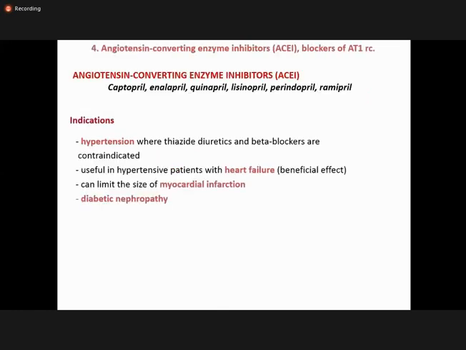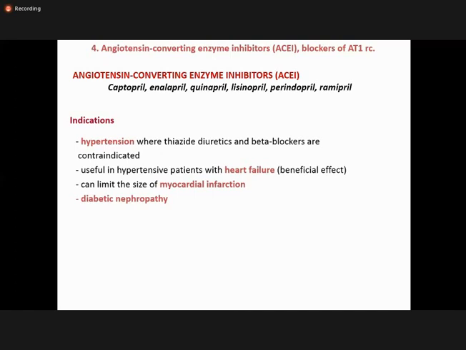This is another group. Okay, up till now what we have discussed: diuretics, drugs acting on sympathetic nerves, vasodilators. Now, again a very important group, angiotensin converting enzyme inhibitors or angiotensin receptor blockers. Important examples: captopril, enalapril, lisinopril, and other prils.